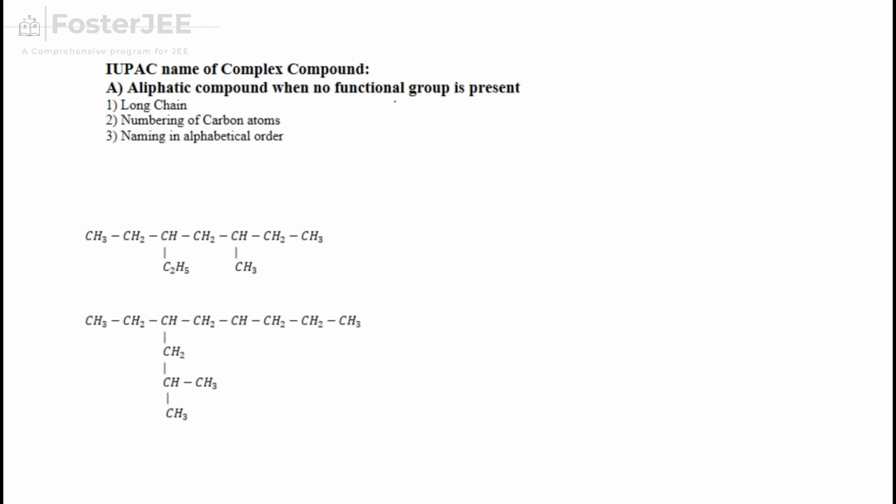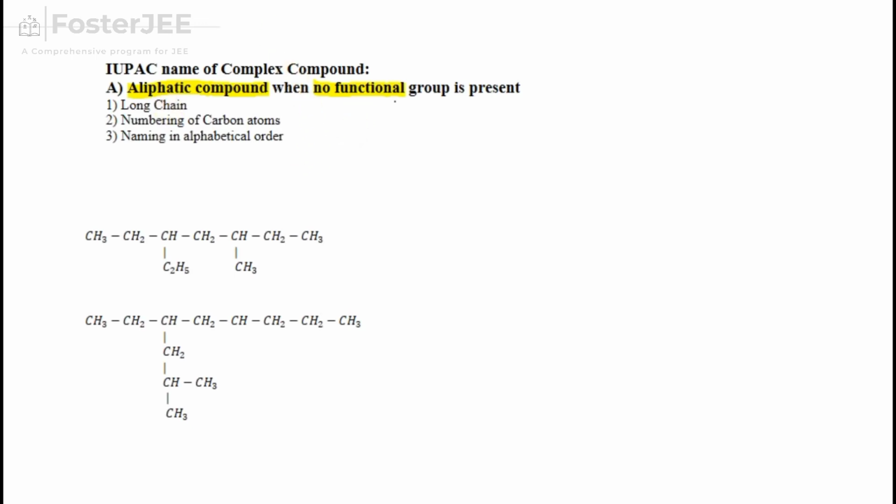Now let's move to the rules of IUPAC naming of complex compounds. First we will discuss the naming of aliphatic compounds when no functional group is present in the compound. So here the first rule is to find the longest chain. So for naming the compound, the first step is to find the longest chain, which is called the parent chain or the main chain.